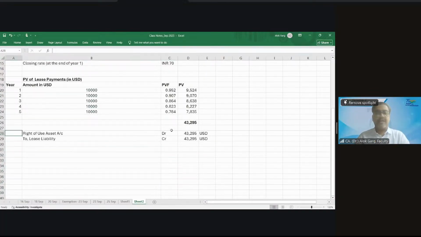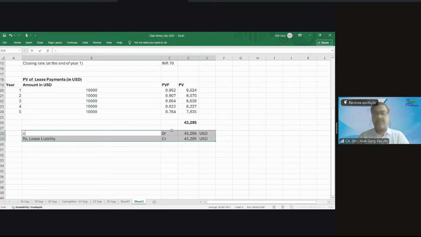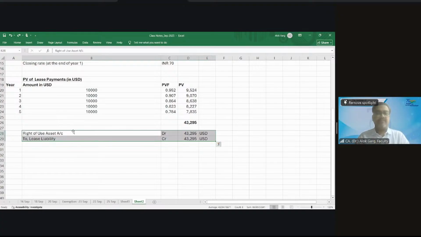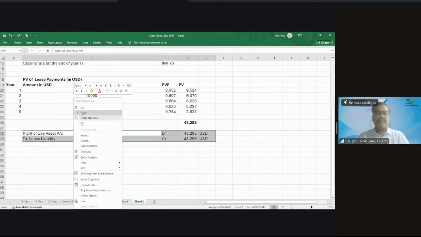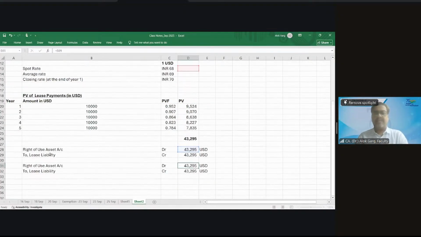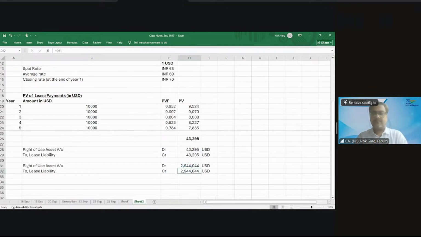Yes. So in INR, what will be your accounting entry? This multiplied by 68. This will be your accounting entry.